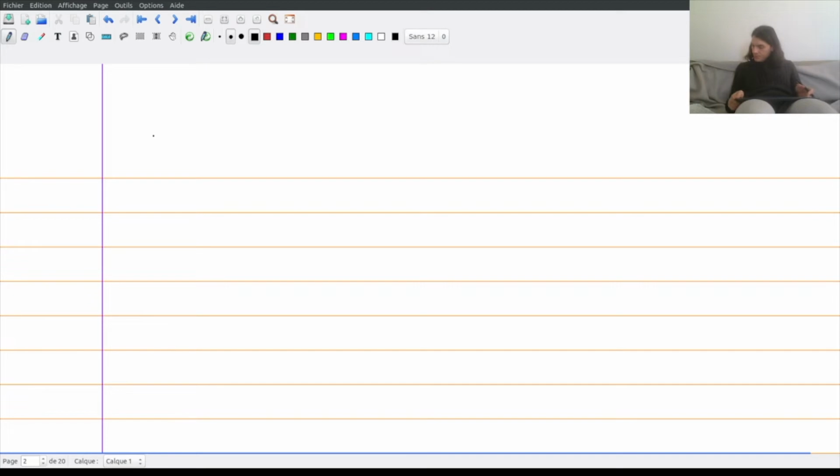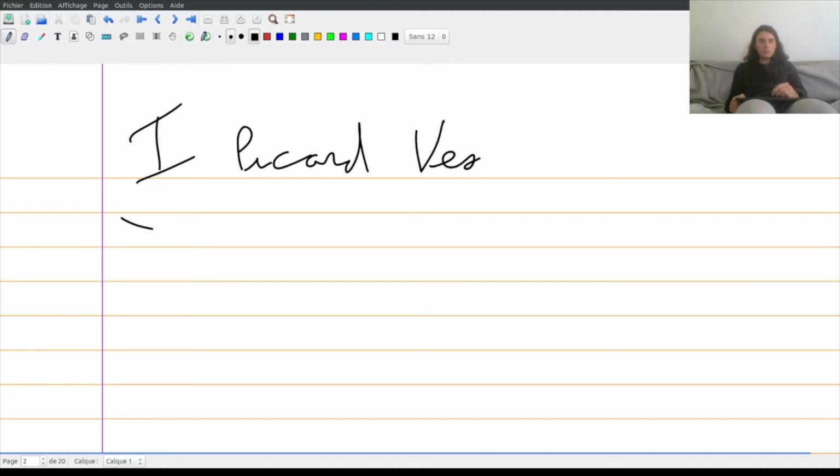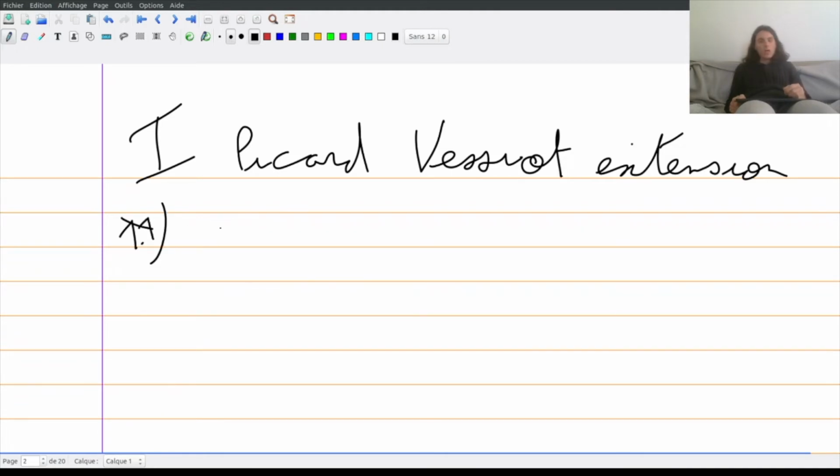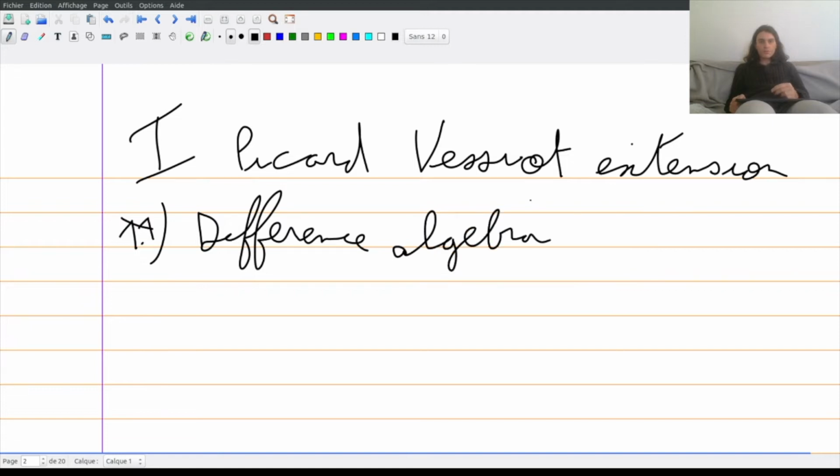So let me begin with the first chapter, on Picard-Vessiot extensions. And before talking about Picard-Vessiot extensions, I need to make some reminders of difference algebra.